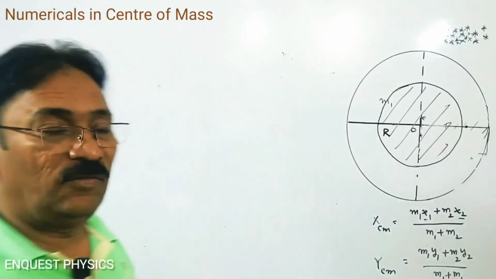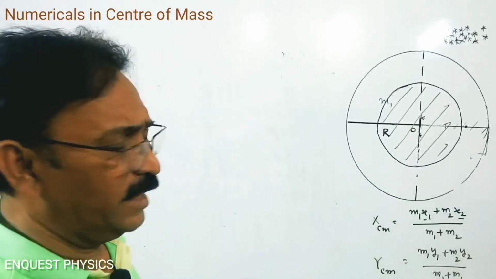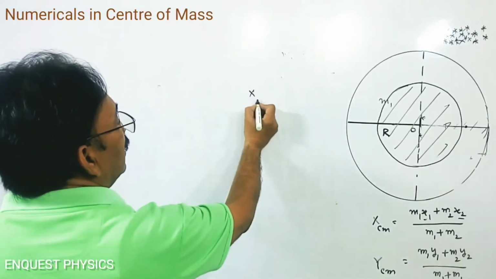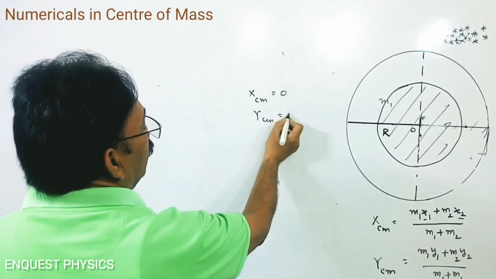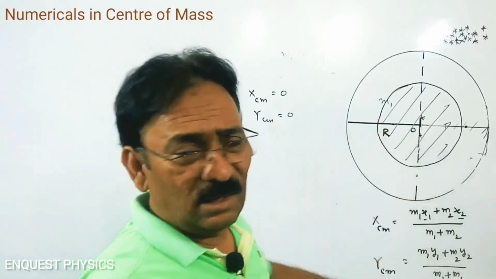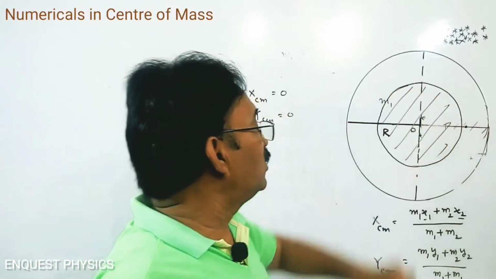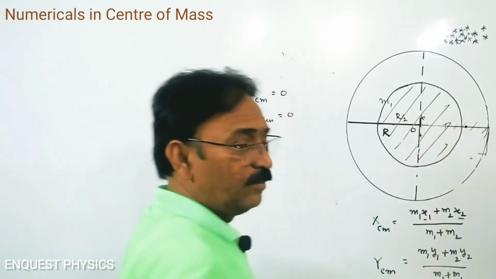Then what would be the shift in the center of mass? There is no shift in the center of mass. The coordinates of the center of mass are xcm equal to 0 and ycm equal to 0. Since when it is removed it behaves like a ring, maybe it is r by 2 or r by 4 or any.